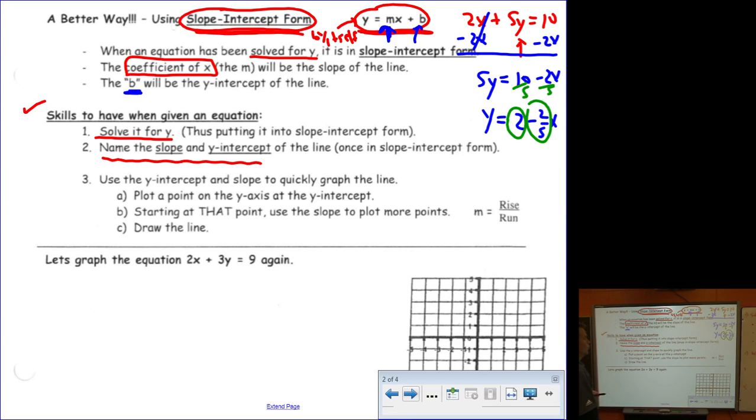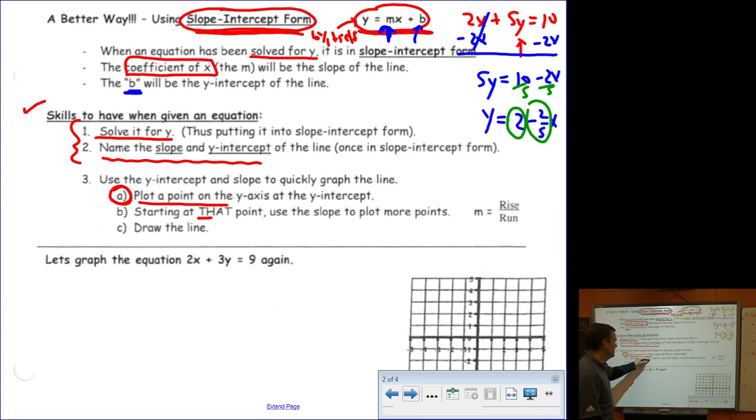All right, once you have an equation in slope-intercept form, you can quickly graph the line. It just takes a couple steps. First step, now that you know what the y-intercept is, plot the point on the y-axis where the y-intercept is.